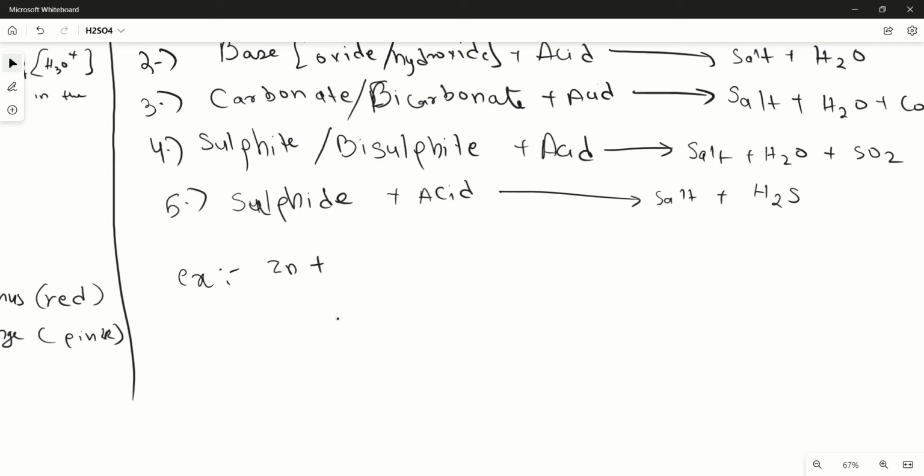Zinc plus H2SO4, diluted. These are all diluted. Remember that. If it's not diluted, it won't work. This gives zinc sulfate. This happens because zinc is more reactive than hydrogen. It displaces the hydrogen, turns into zinc sulfate, plus what? H2.